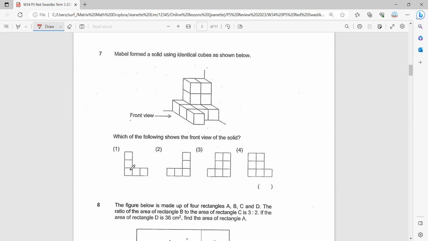Then this is definitely out, because the left side doesn't have anything on top. Then, okay, there's nothing above the second one. So the answer will be 1. Because for 4, you still have some cubes above the second column, right? But this one doesn't have.